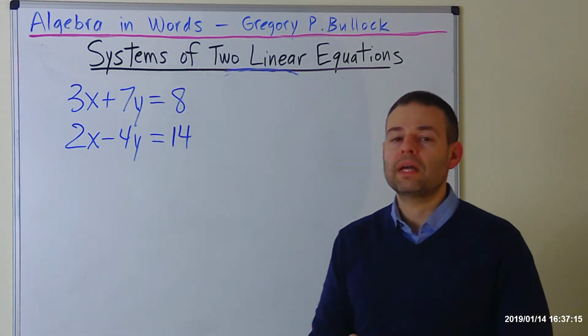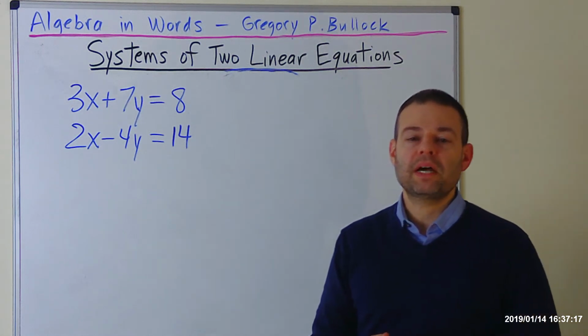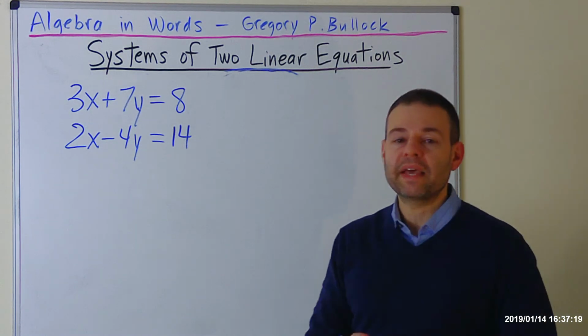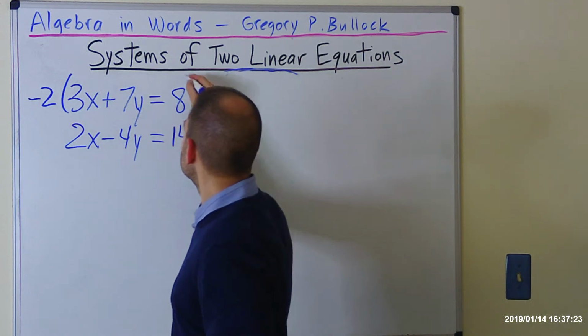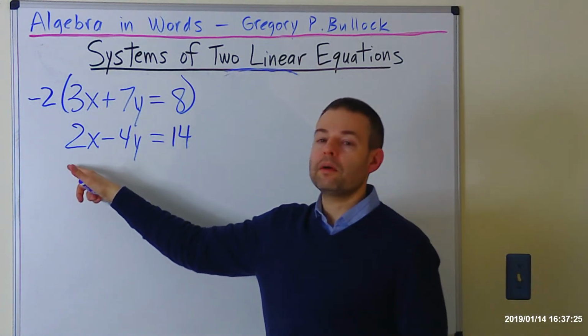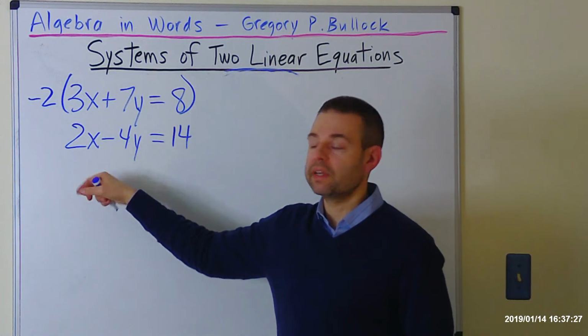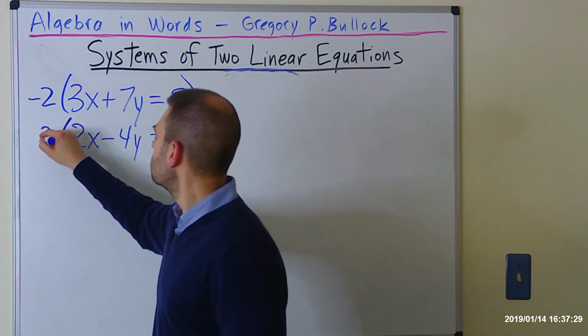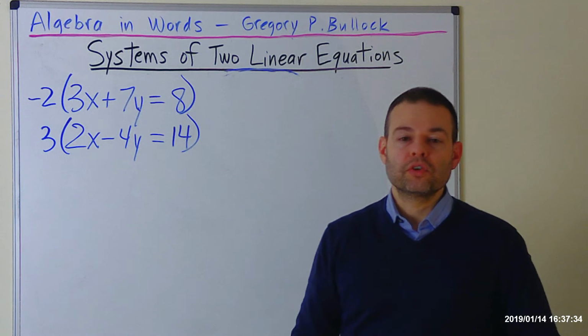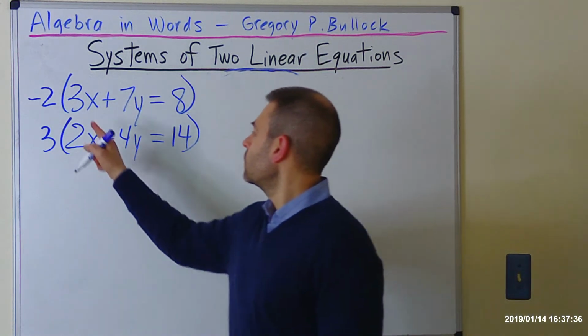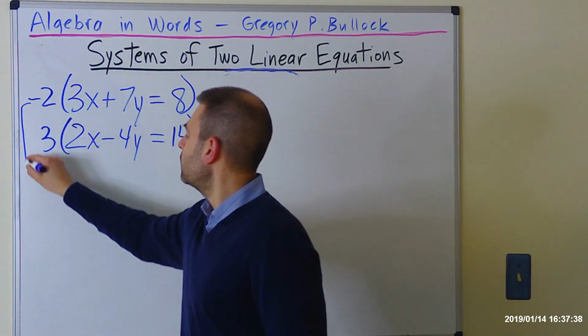So I'm going to multiply the equation on the top by negative 2. And I'm going to multiply the bottom equation through by 3. And now let's distribute and see what we get. In the top, I'm going to write that here.